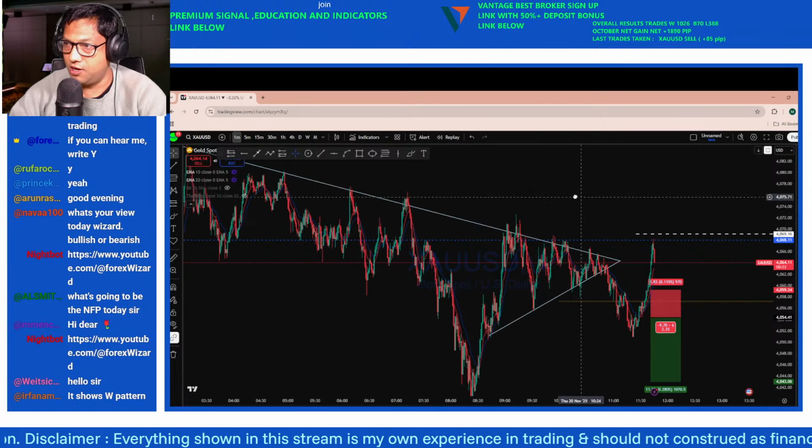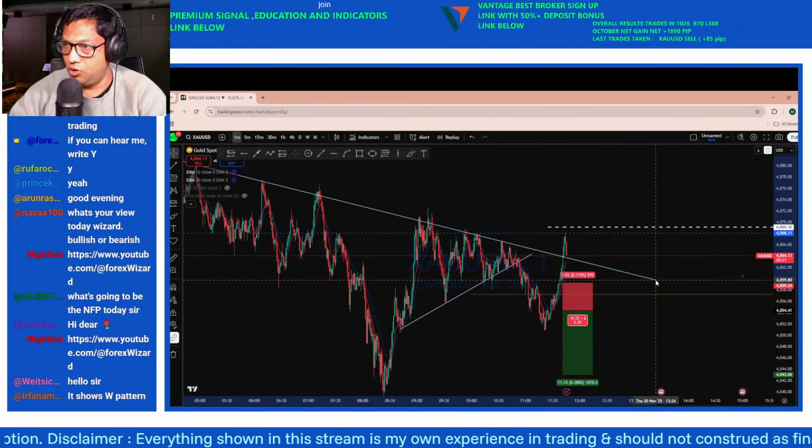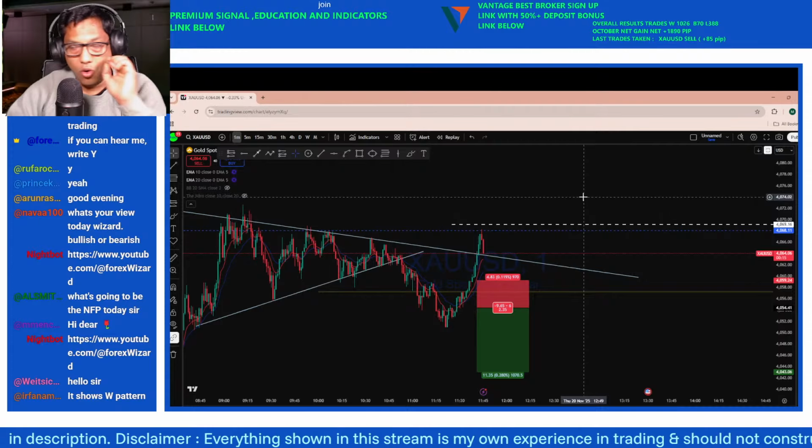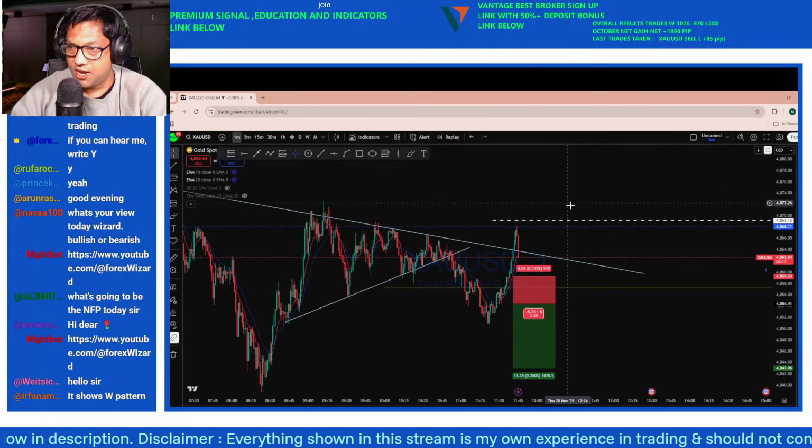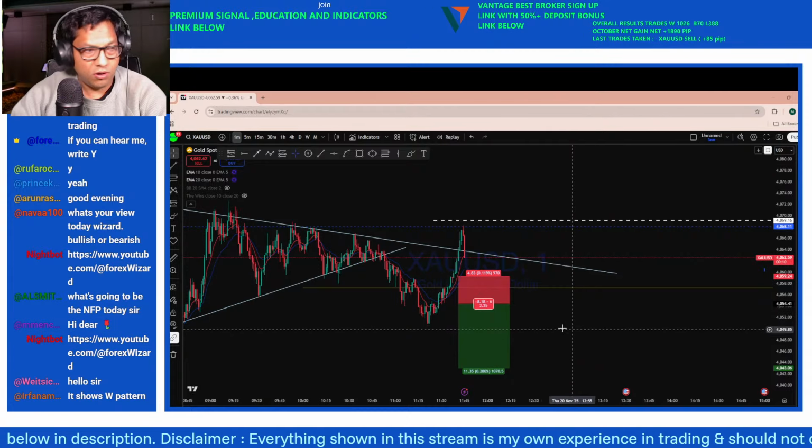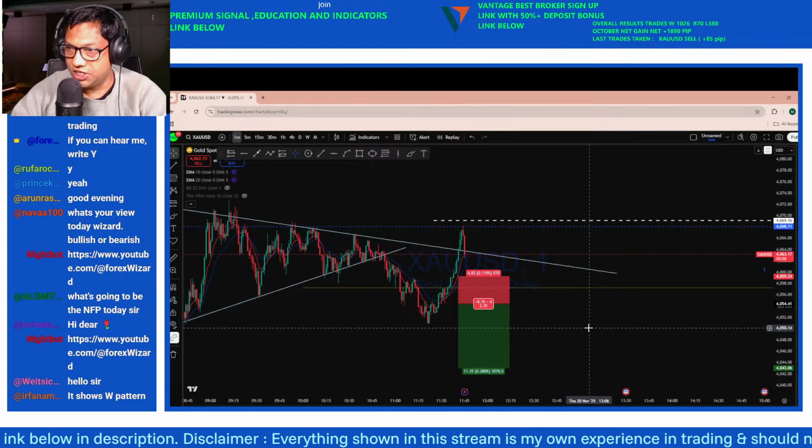It's a big trend line break of this long-term trend line. And now this move has to see a rejection back below.